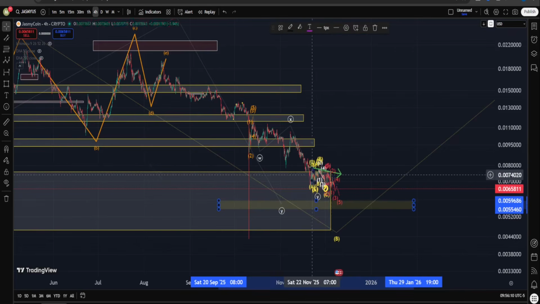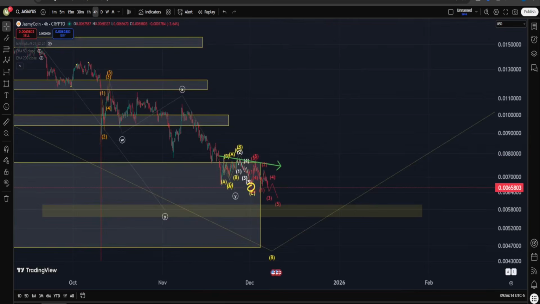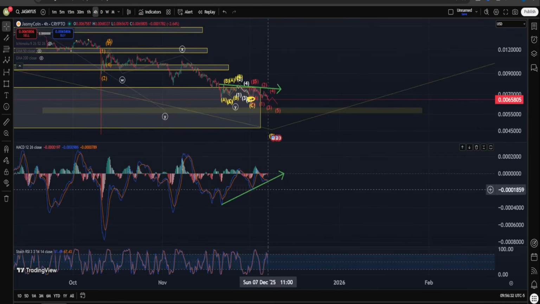So the moment that we get a break of the divergence line, count on a move down in Jasmy in order to get to this important level, which the higher band of it translates to about a 10% move. The lower band of it translates to about, let's say, a 15-17% move on the downside. So again, for now, it all comes down, in my view, to this important sign in MACD. And I hope I explained everything well and you understood what is going on in Jasmy coin.